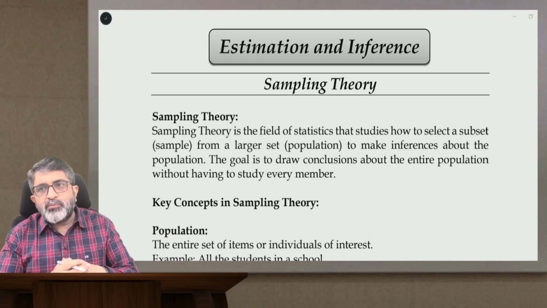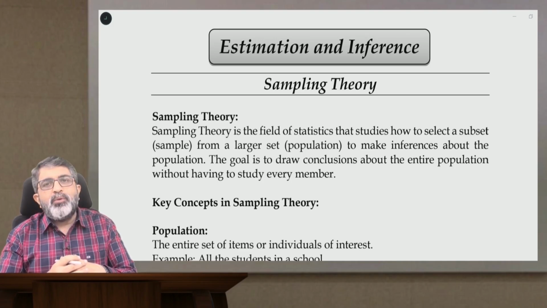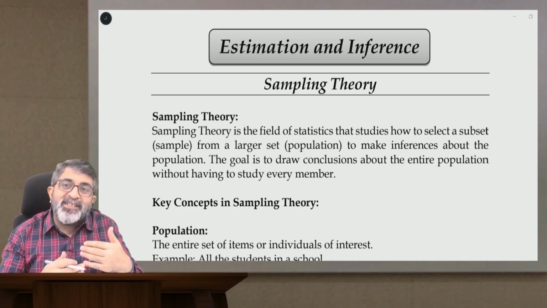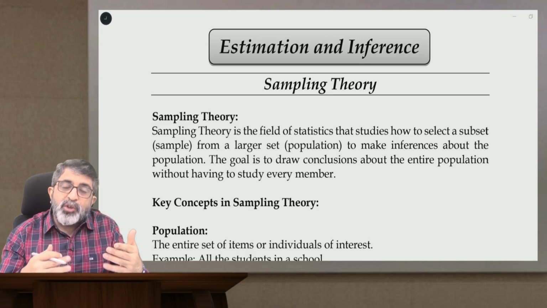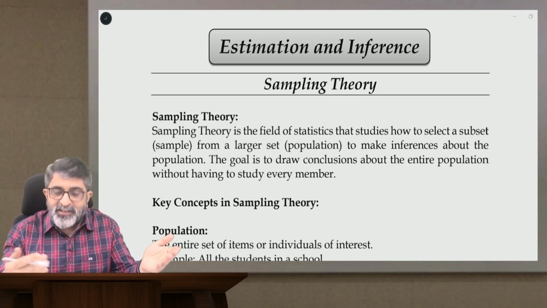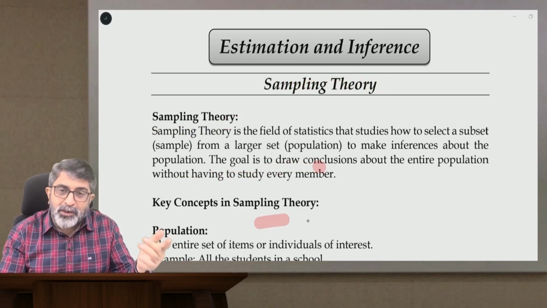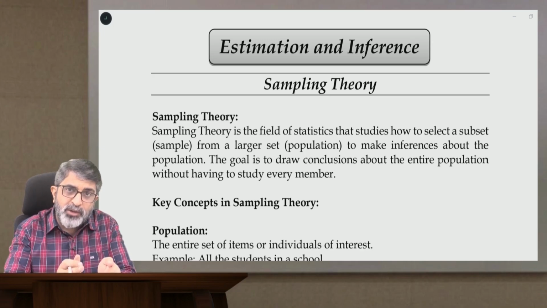Difficult to take statistics from each and every one. So what we do, we resort to sampling techniques. That is what we have learned even in the previous class. What is sampling theory, correct? I'm not going to discuss all this in this particular class because we have already talked about that.